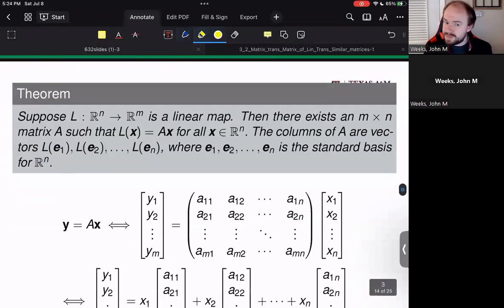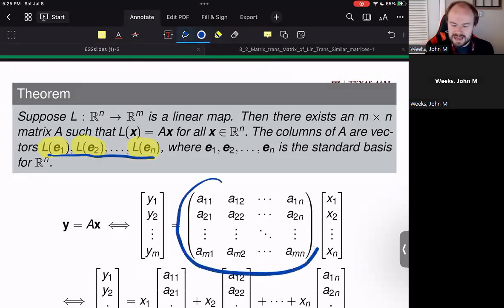The columns of this matrix A are exactly the vectors L(e1), L(e2), all the way up to L(en), where you have the standard basis for Rn being plugged into our linear map. So if you know where these go, you know how the whole linear map goes, because now you can formulate this entire coefficient matrix.